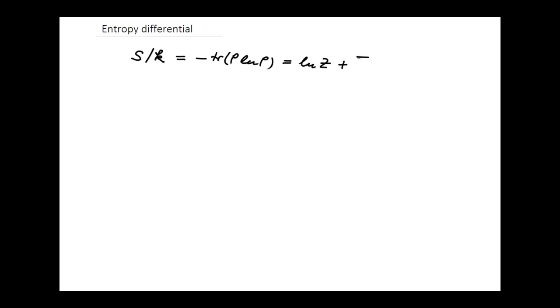And here in the general case, we have the sum over all i, Lagrange parameter lambda_i times the expectation value of A_i. This is the generalization.